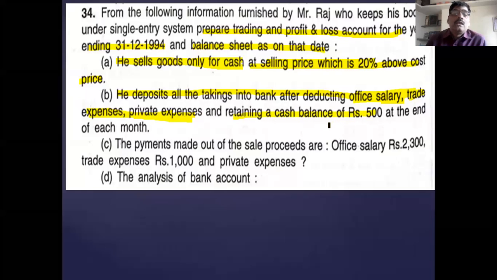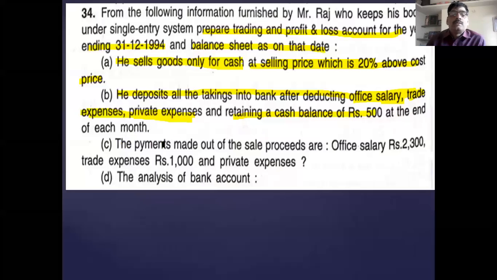He deposits all the cash in the bank except the amount required for office salary, trade expense and his personal expense, and keeps 500 cash balance. Cash balance means closing cash balance, 500 rupees. These are the points you record in the cash book at the end of each month.